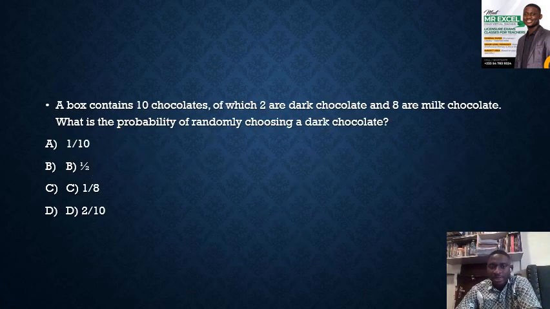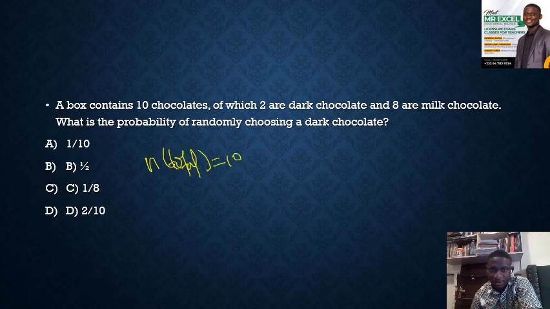Now a box contains 10 chocolates. So here the question has given us the total. The n of the total is 10, of which 2 are dark. So n of the dark ones, we have 2, and 8 are milk chocolates. So n of milk, we have what? 8.